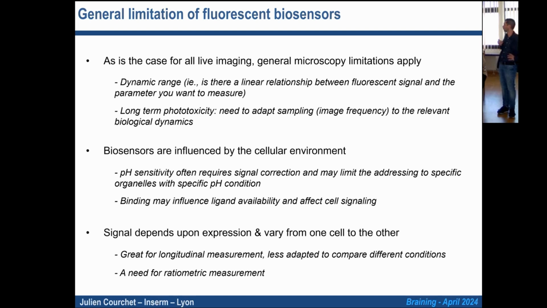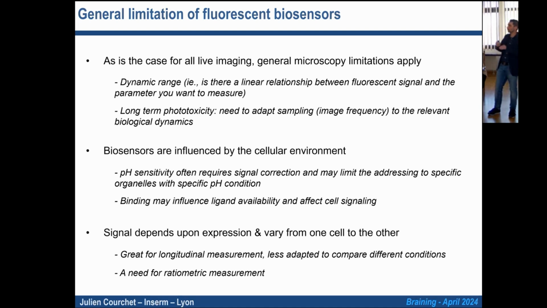And then signal might depend upon expression, how much plasmid there is in the cell. If you do transient expression, which is what we do in neurons, then some neurons will have 10 copies of the plasmid. Some neurons will have 100 copies of the plasmid. So of course, the signal that you will see will depend largely on how much protein is expressed.